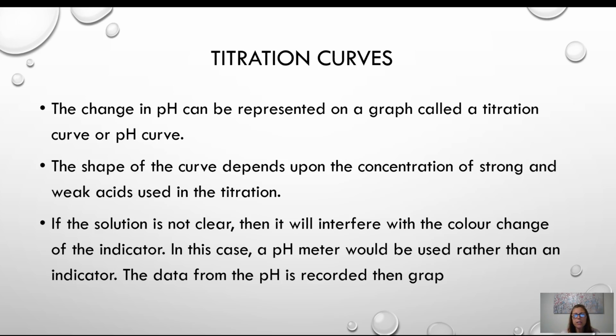Sometimes these are really good to use because if we are titrating with a solution that has a colour, for example our Coke or our red wine, and we're trying to work out the acid content in that, it makes it quite difficult because an indicator is not going to show an obvious change there. So sometimes we can use a pH meter like we have been using with the data loggers, recording the pH, and then we can graph it.